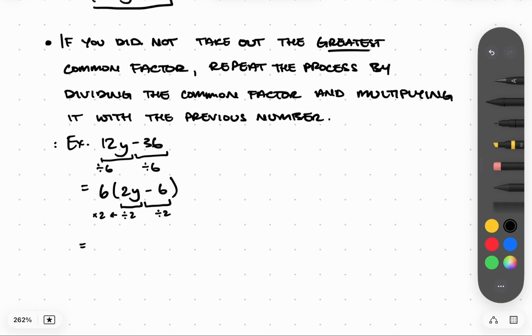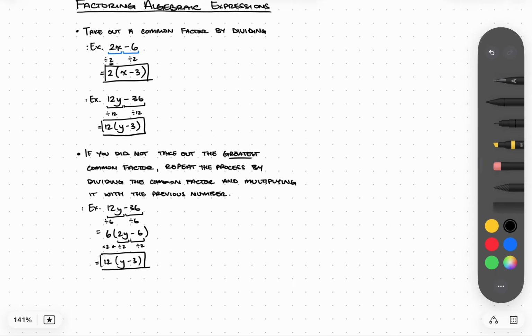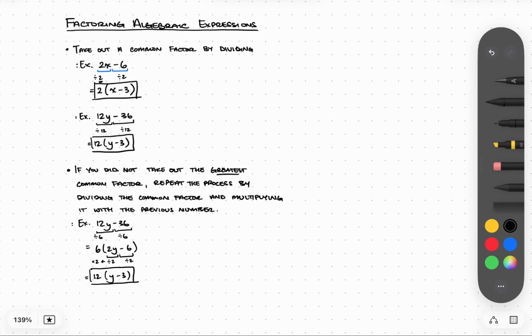All right, so then I have 6 times 2, which is 12. And then I have 2y divided by 2, which is y, and negative 6 divided by 2, which is negative 3. And there I get the same answer again. So this right here is a little bit on how you can factor algebraic expressions.